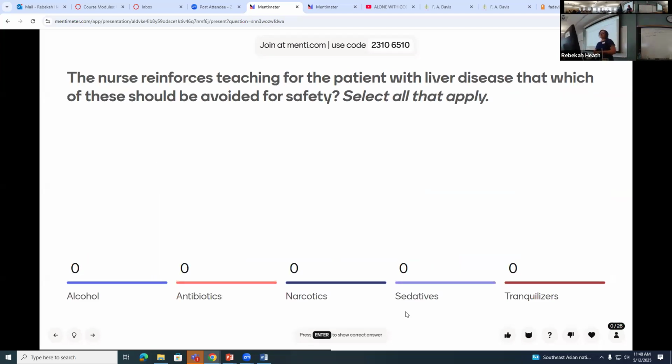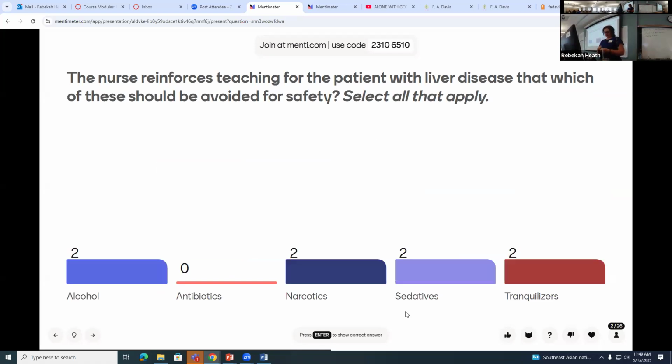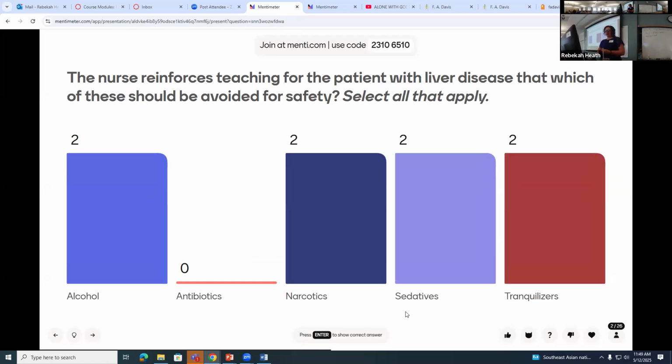The nurse reinforces teaching for the patient with liver disease that which of these should be avoided for safety. What do we teach them to avoid? Nice job.